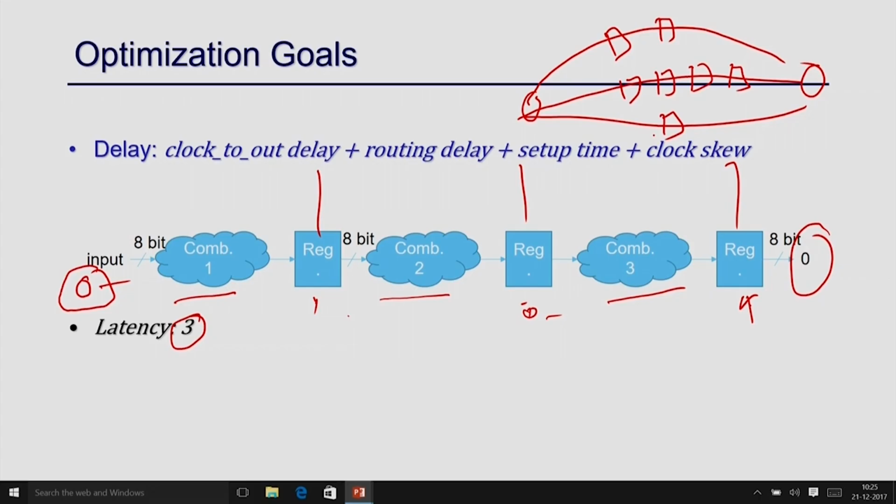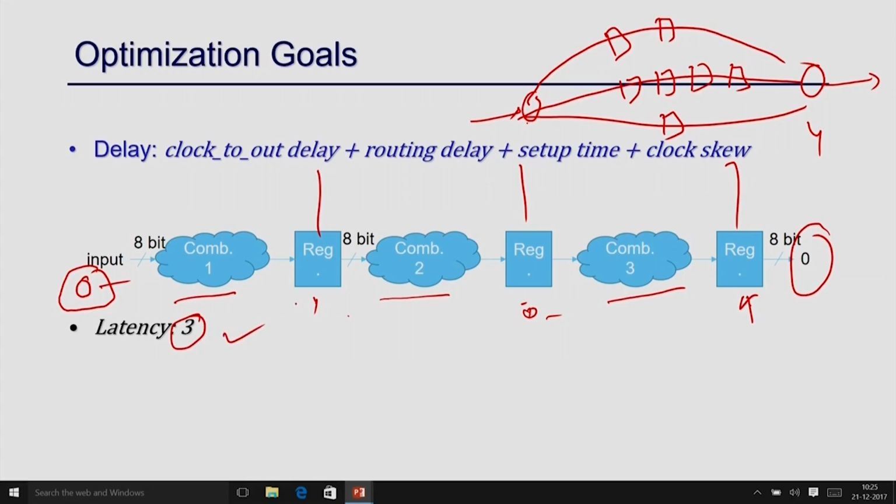So, the latency will be determined by the maximum number of registers in a path from the input to output. So, this is the input and this is your output. For this path the critical latency is 4, not 1 or 2. It is the maximum number of registers between the input and output for any path.